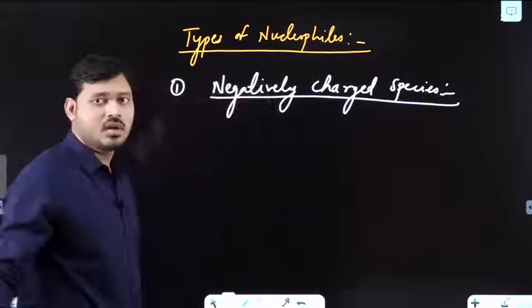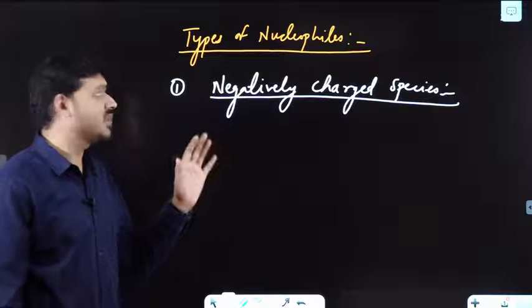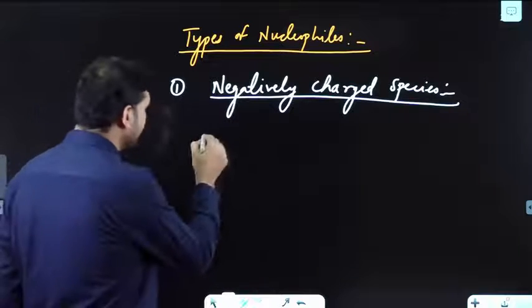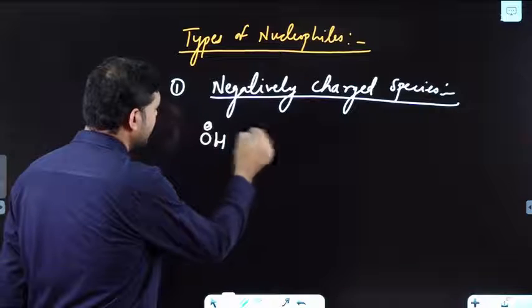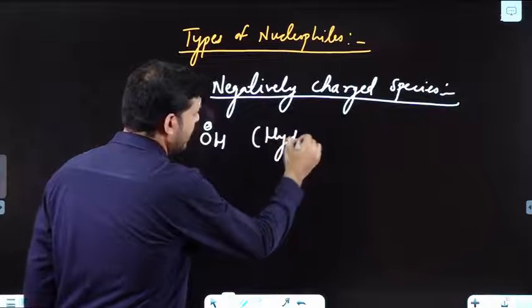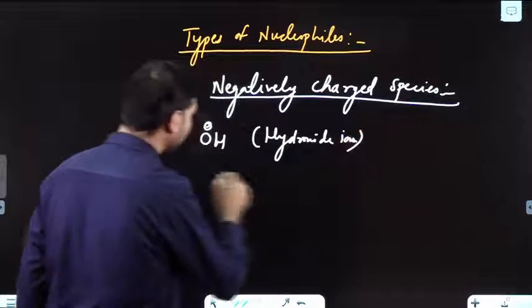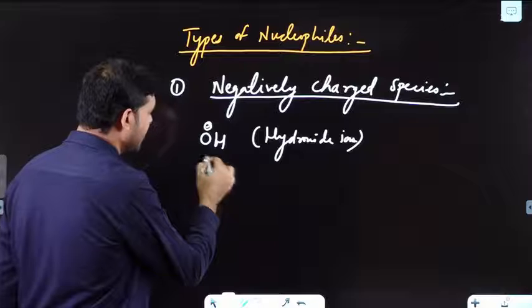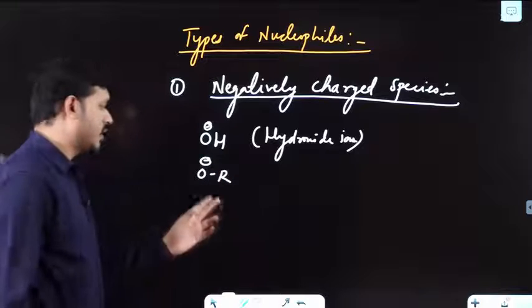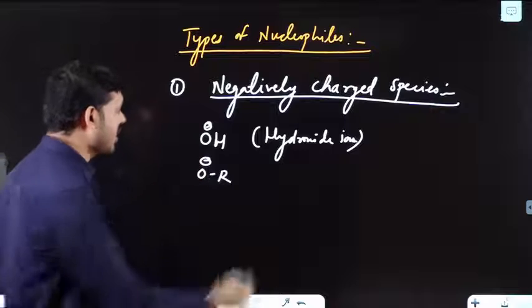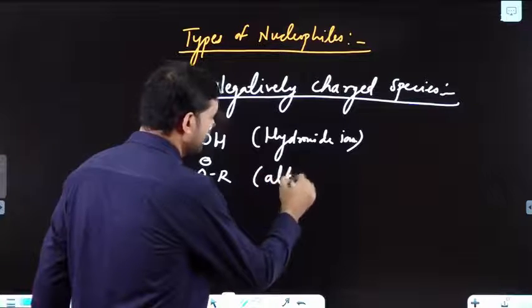So the negatively charged species will behave as nucleophiles. Okay, let us see some examples. OH minus, this is our hydroxide ion. OR minus, if you say alcohol, so it is ROH, but this is RO minus, so it is alkoxide ion.